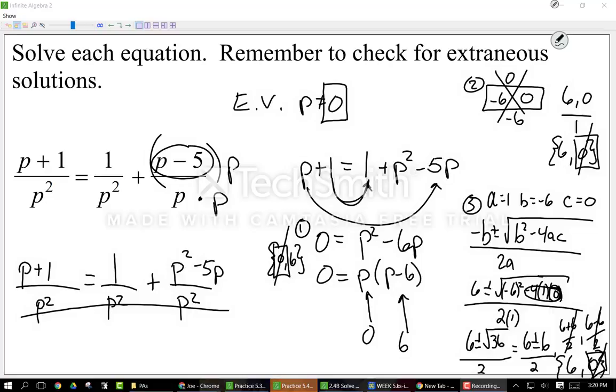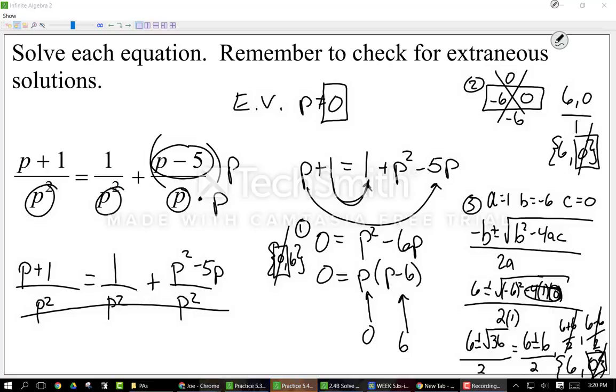The 0 is what we call extraneous. That means it is a solution you get when you solve, but it's not an actual solution when you plug it in. Because if I plugged 0 into my denominators, I would get 0, and we all know you cannot divide by 0. That is why that is an extraneous solution.